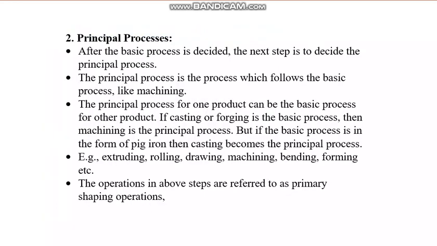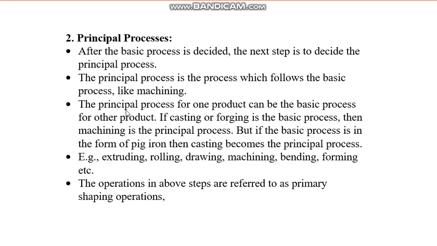Okay, the second one is the principal process or principal operations. Once the basic process is decided, the next step is to decide the principal process. The principal process is that process which follows the basic process, and it can be machining, for example.